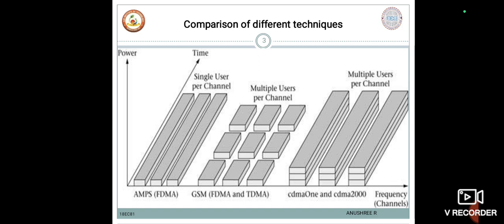CDMA is a multiple access technology based on the use of wideband spread spectrum digital techniques that enable the separation of signals that are concurrent in both time and frequency. All signals in this system share the same frequency spectrum simultaneously.